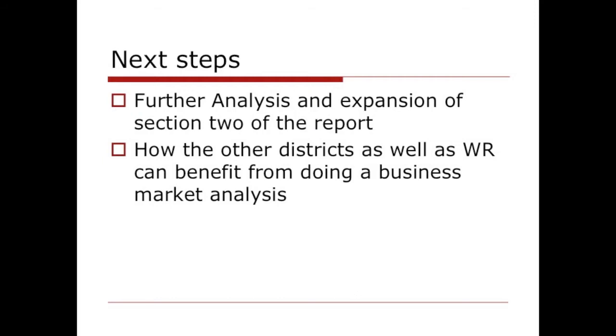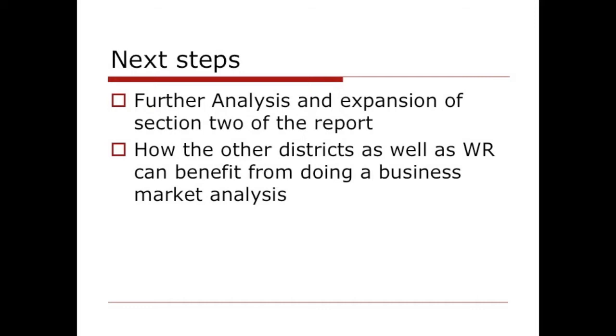So with that, next steps. This was the first step of what would hopefully be a multi-step process. You could do a further analysis to compare the district with other communities that you're trying to endeavor to replicate, and you can use differing indicators of demographics to do some sort of market analysis.